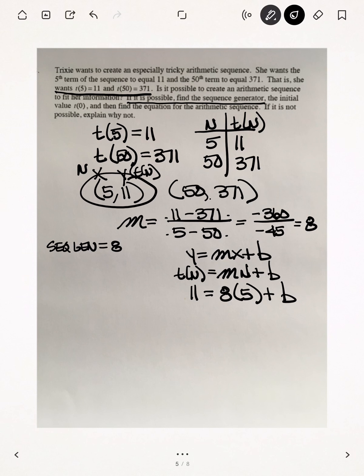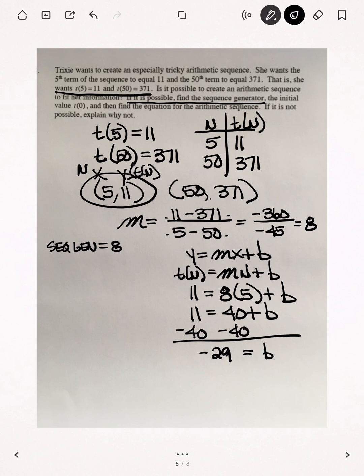If we can solve this equation for b, then we will have our starting point, or our 0 term. So we have 11 equals 40 plus b. Subtract 40 from both sides, and I have b equals negative 29.